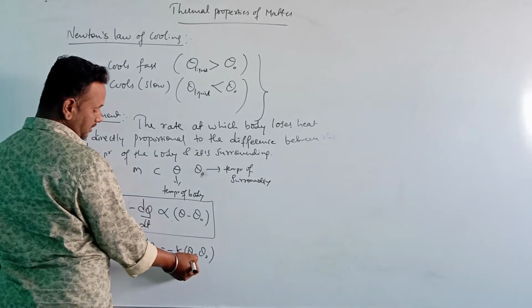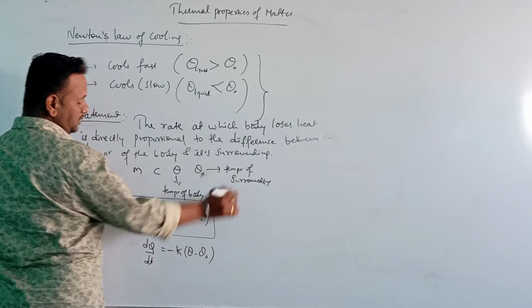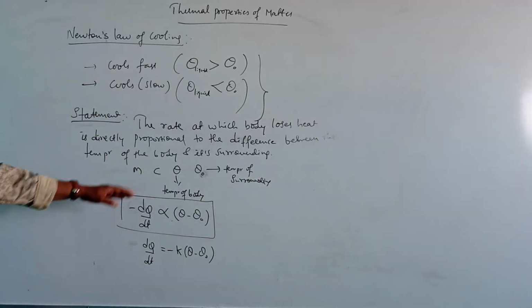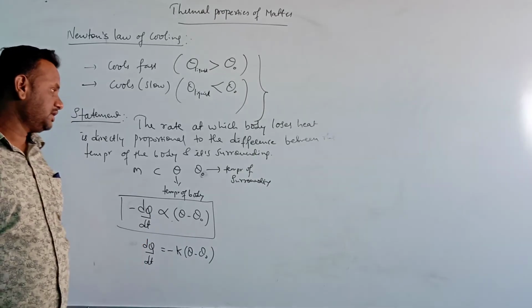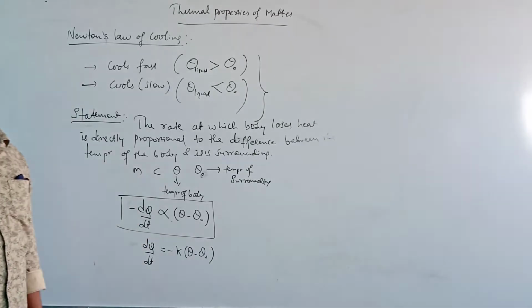Theta is the temperature of the body, theta naught is the temperature of the surrounding. This dQ by dt is the rate of loss of heat of the body.